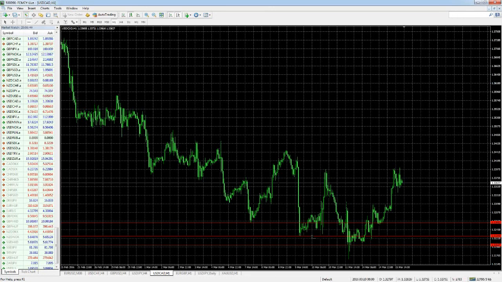This break was not continuous. You see, it broke the support here. This was the support, and here it was broken. But the bears did not continue their selling. So this was the first sign that this down market is weak.